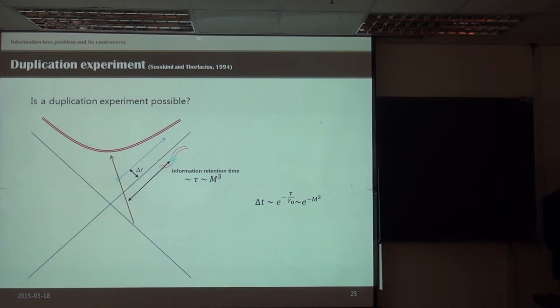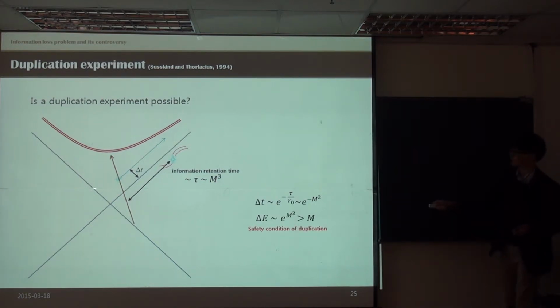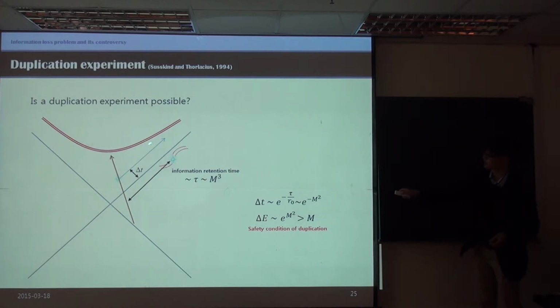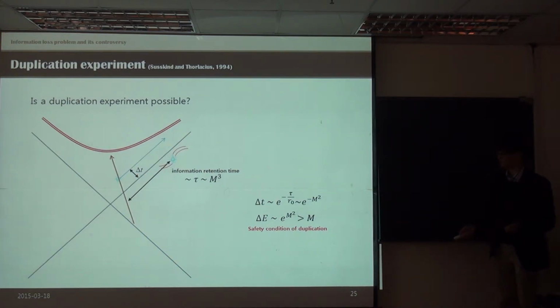Then the required energy to send a bit of information in the outgoing direction should be exponential of m squared. This means that to send a bit of information in the outgoing direction for the duplication experiment, the required energy is much larger than the black hole mass itself. So it shouldn't happen. If this inequality is satisfied, then this makes sure that black hole complementarity is consistent.